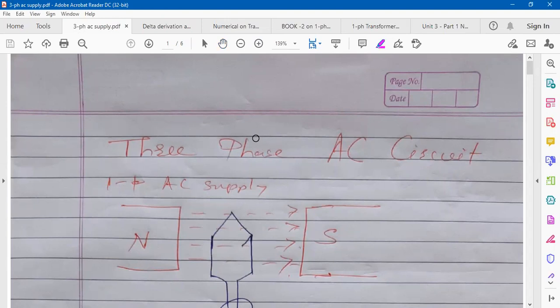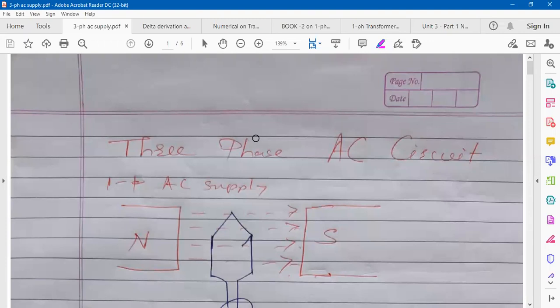Now 3-phase AC circuit, along with this you have to learn elementary concepts. If you see a generator, the input is mechanical and the output is electrical. So it's a combination of mechanical and electrical system, isn't it? Motor, if you take, is the reverse: electrical is the input, mechanical is the output.